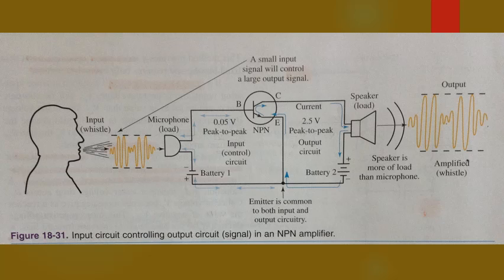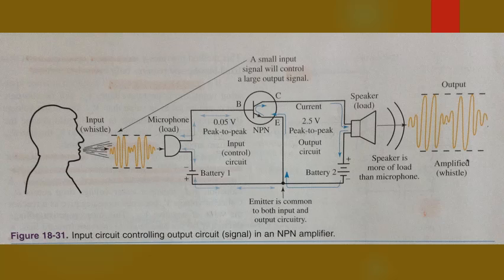Examine figure 18-31. The input is a microphone in the emitter and base control circuit. The output is a loudspeaker connected to the collector and emitter circuit. The load of the loudspeaker is much greater than that of the microphone. The output current in the circuit is about the same as the input current.